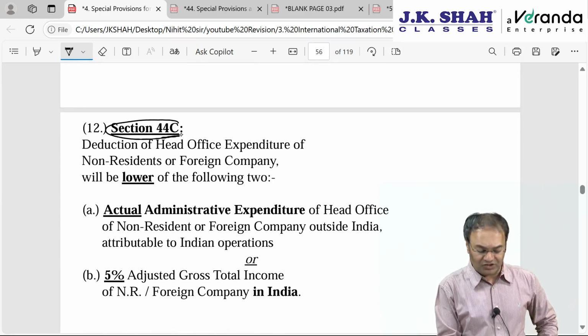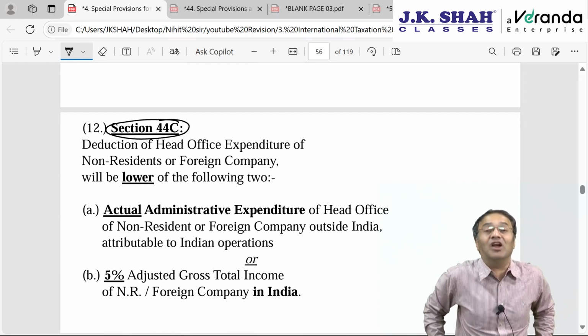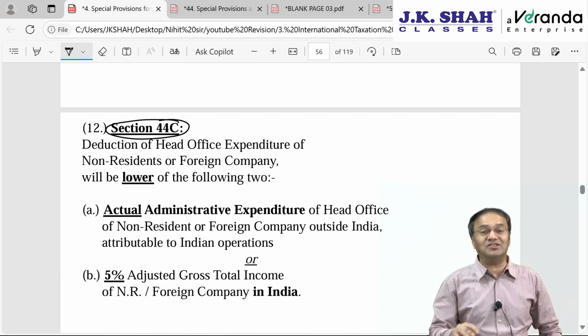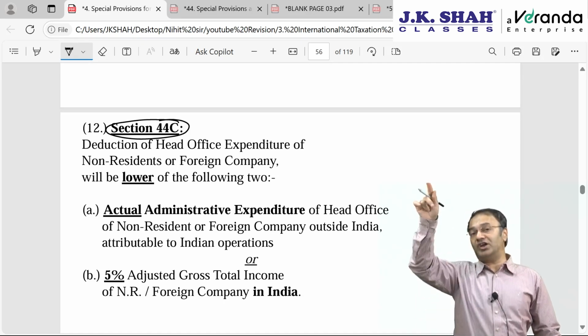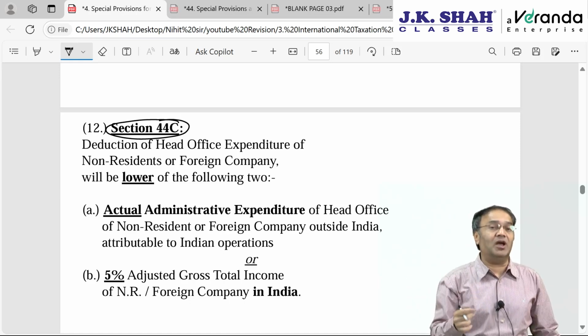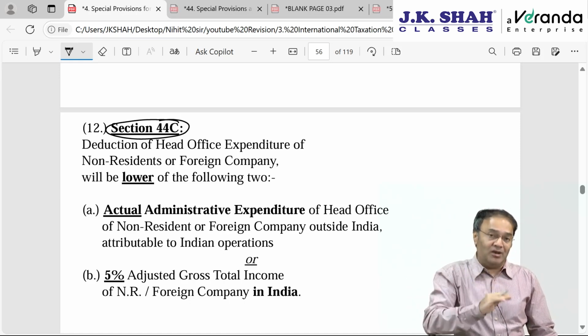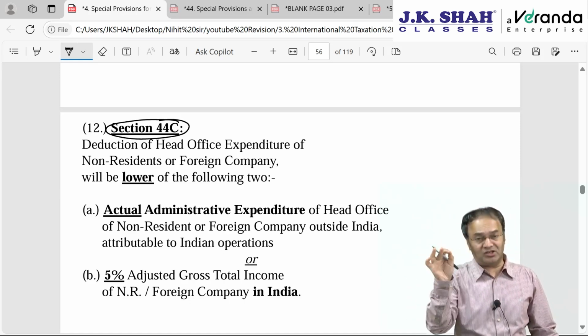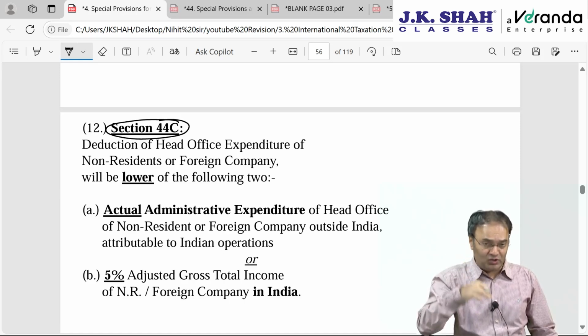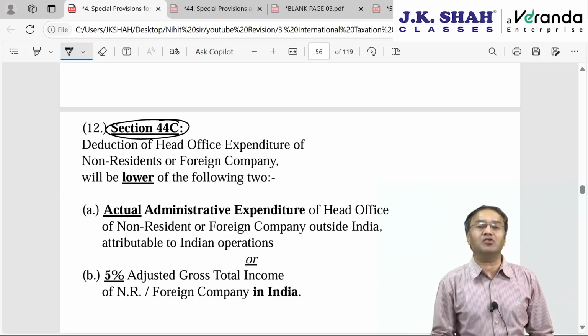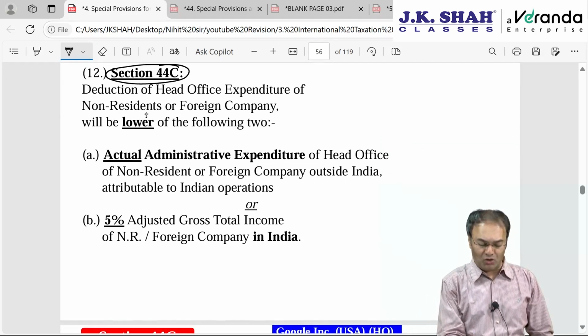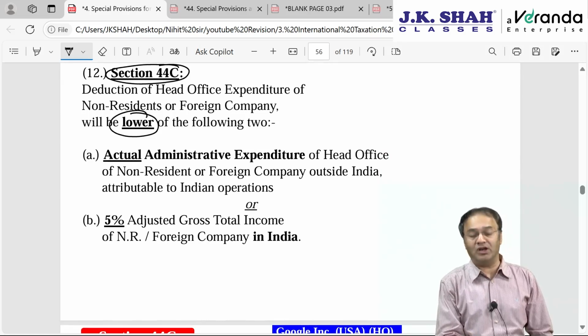Okay, now 44C, head office expenditure. If head office is outside India and the branch is in India, then the branch remitting to head office, the expenditure which is attributed by head office to India, some part will be allowed, some part will be disallowed. How much will be allowed? Lower of the 2 will be allowed, provided it is a branch of a non-resident or a foreign company.